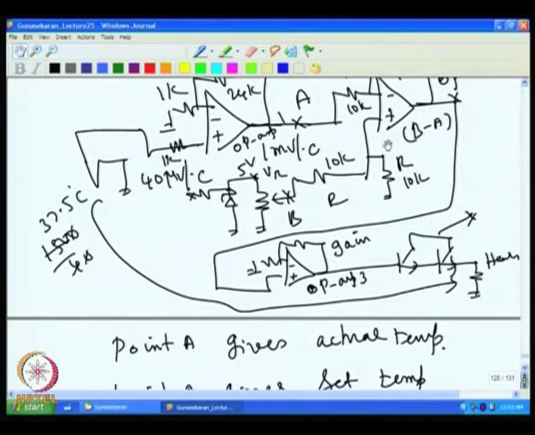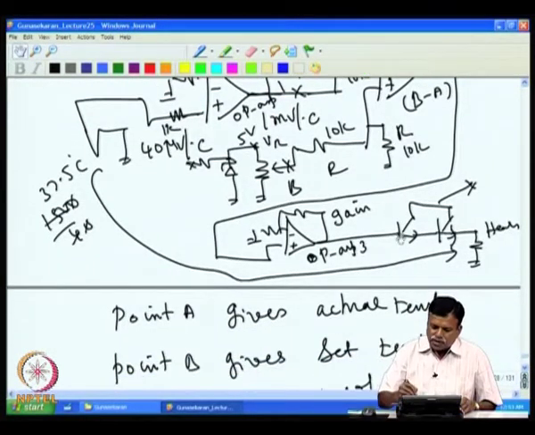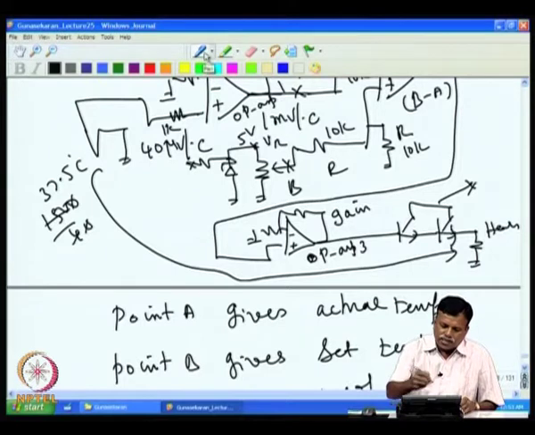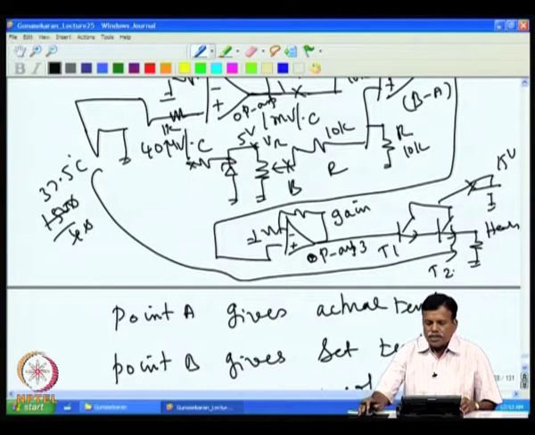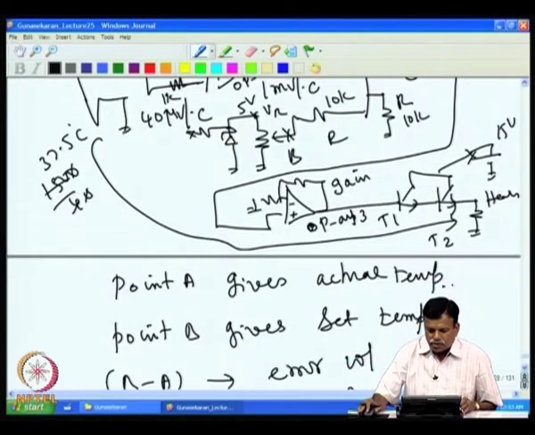Now, the base emitter voltage drift of these transistors is not a concern, because they are compensated in the closed loop and the error is reduced because of the loop gain. So, for example, if this is a 15 volt, say T1 T2, the base emitter voltage drift of T1 T2 is not a serious problem.